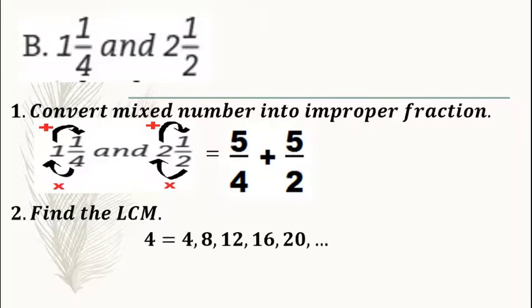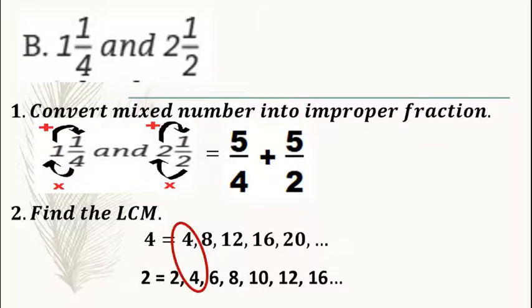We have 4, 8, 12, 16, 20, and so on. How about 2? We have 2, 4, 6, 8, 10, 12, 16, and so on. What is the smallest common multiple between them? Okay, very good. That is 4.